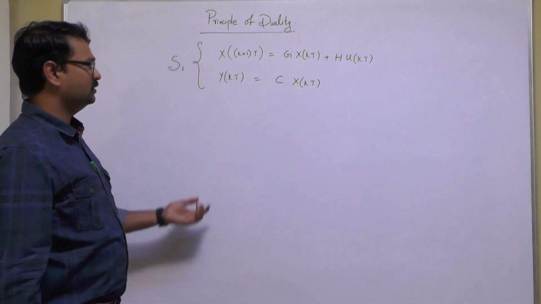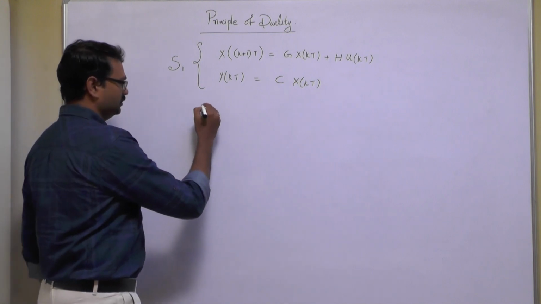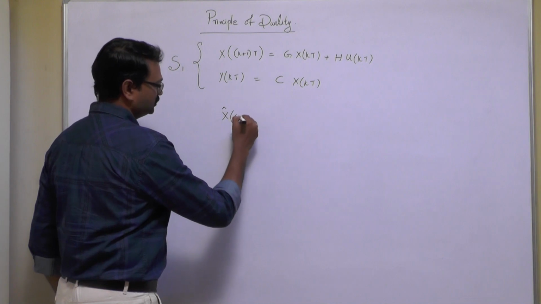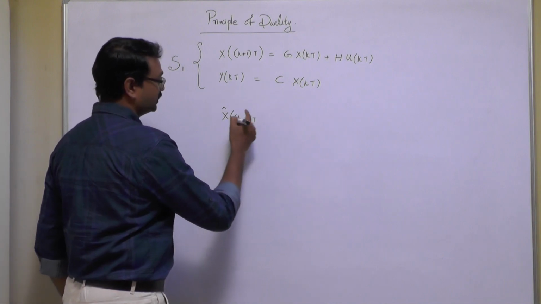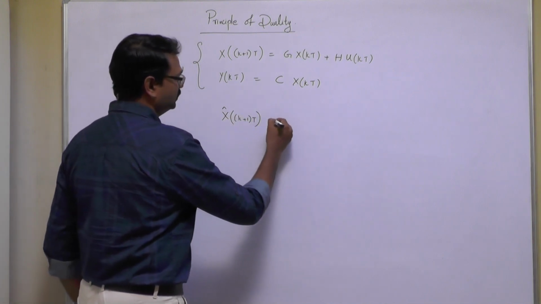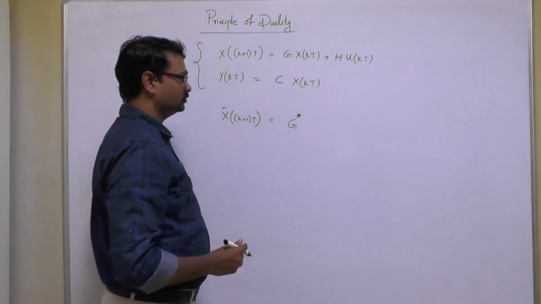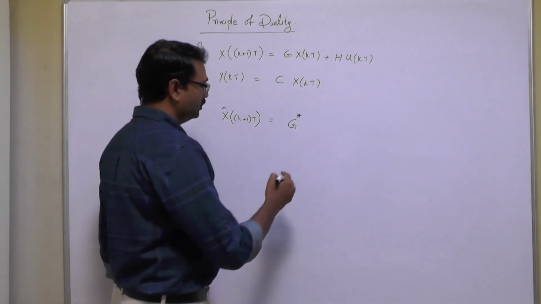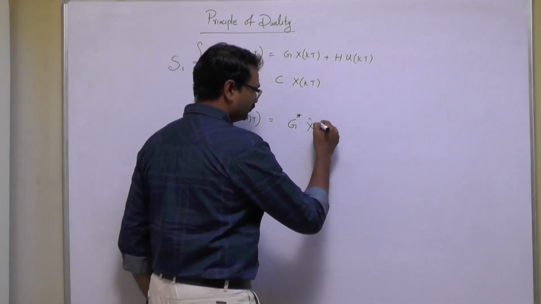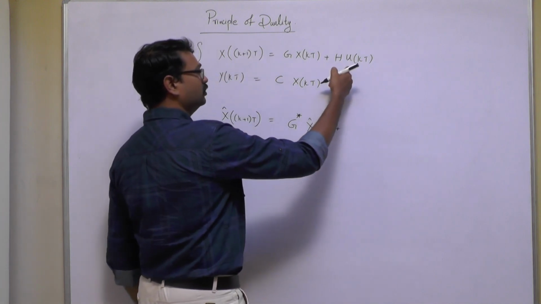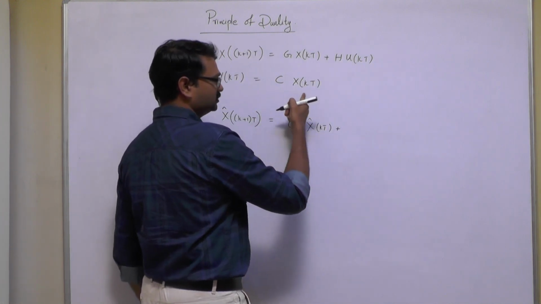Now its dual system. We can consider another system, which is x cap of (k+1)T is equal to G conjugate transpose of x cap of kT plus, this is H u of kT here and C x of kT here.